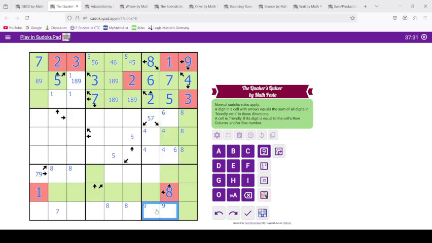I mean, we know one of those is a 9. But that doesn't matter. I would love for that to be a 6, making that a 9.